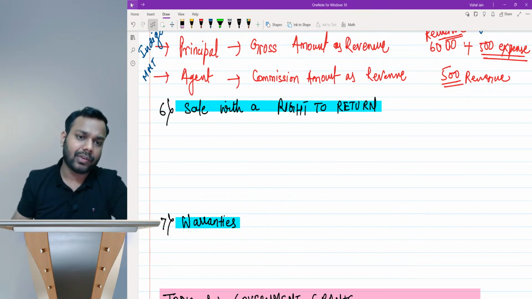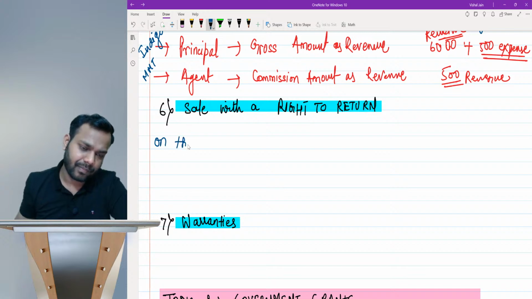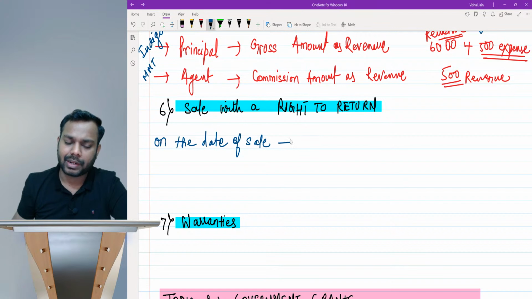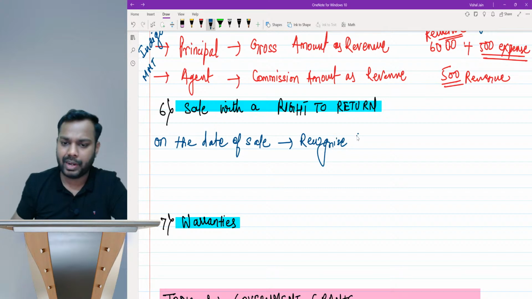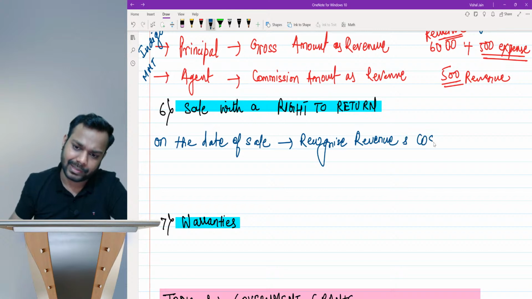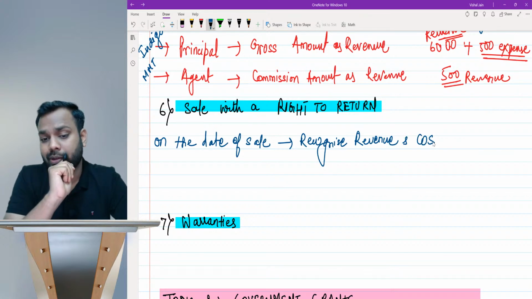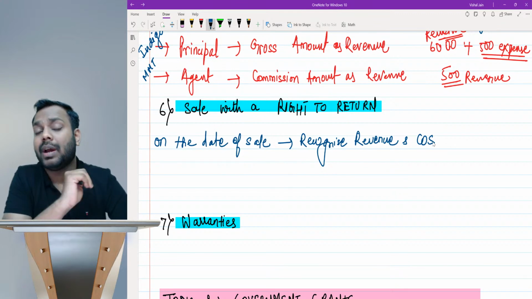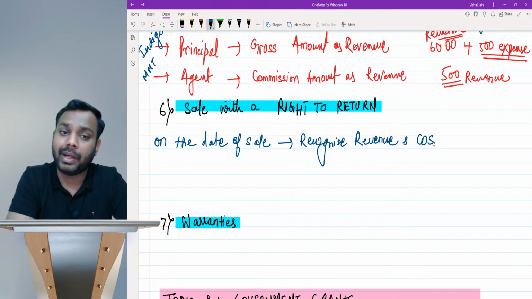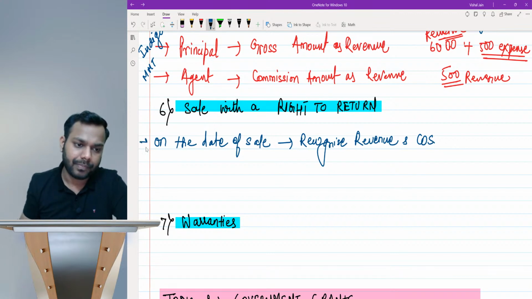In that case, what the company will do is, on the date of sale, the company will recognize revenue and cost of sales. But the company knows that though I am recognizing this as revenue and cost of sales, a portion of it will be returned back to us, right?